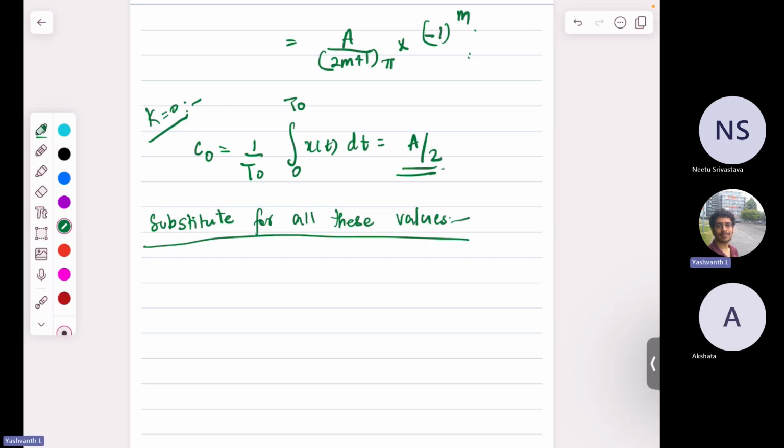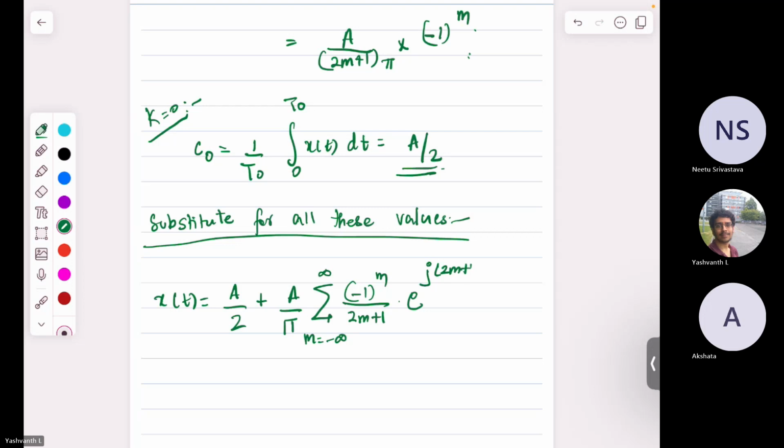Then you can show that your Fourier series x of t is equal to A by 2, that is C naught, plus A by pi summation m equal to minus infinity to plus infinity of minus 1 power m by (2m plus 1) into e raised to j k omega naught t, where k is equal to 2m plus 1, and omega naught equals 2 pi by T naught.